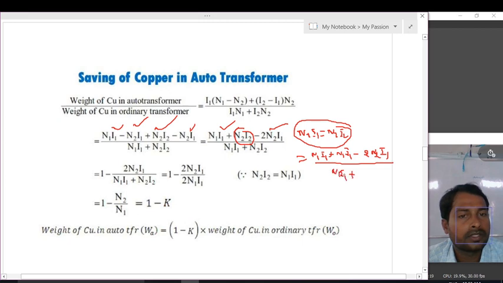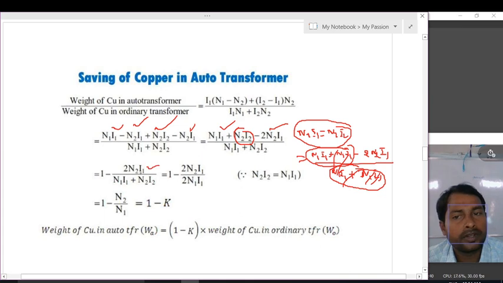If I separate this, 2 N1 I1 cancels, and N2 and I1 cancel, so finally I will get 1 minus N2 by N1. N2 by N1 is nothing but K.